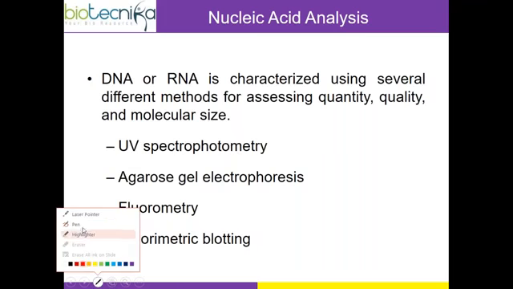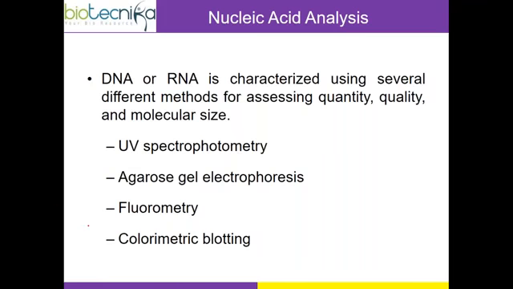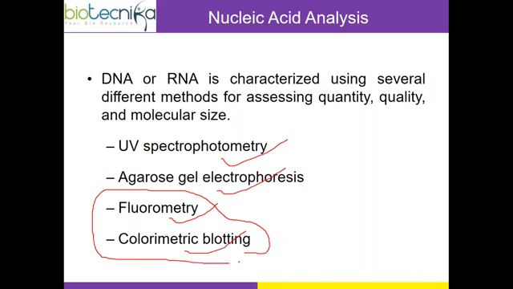For that purpose, what people have used is UV spectrophotometer, agarose gel electrophoresis, fluorometer, colorimetric blotting. This fluorometer and then colorimetric blotting, both of them are very old methods which are not in use currently. So I am not going to see about this one.